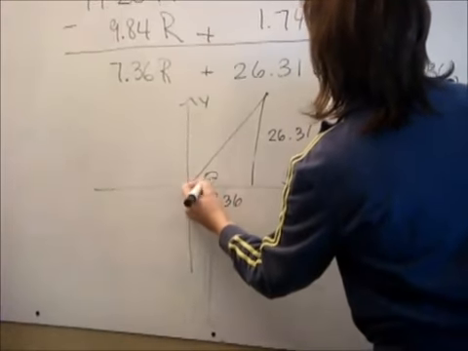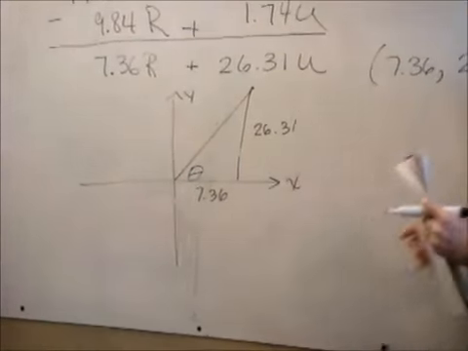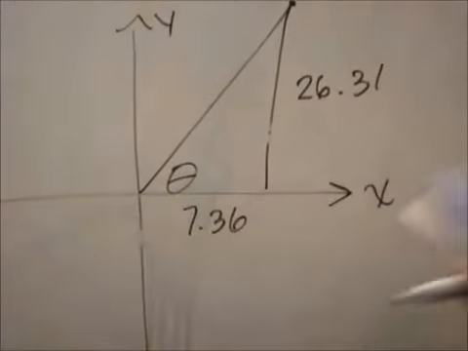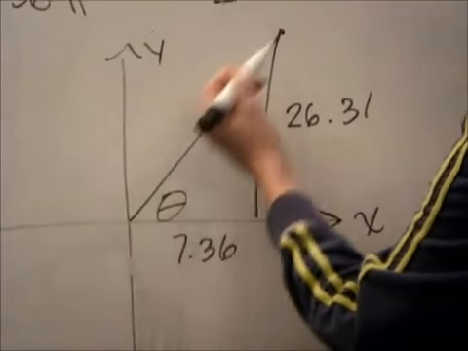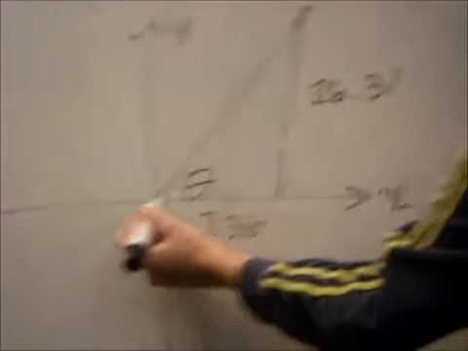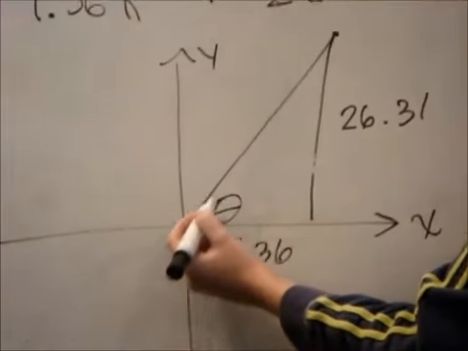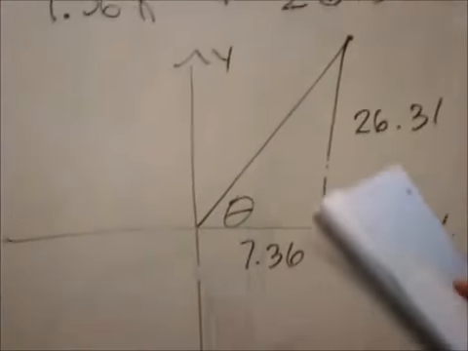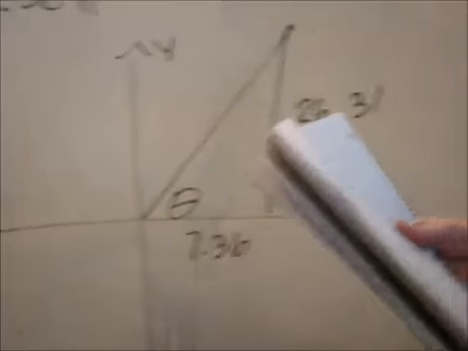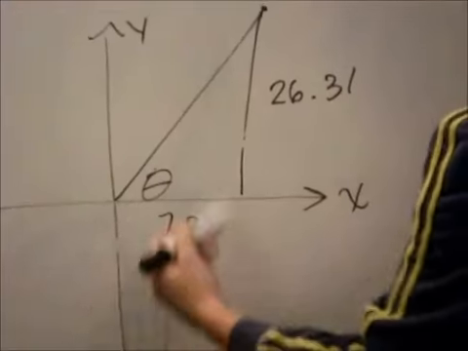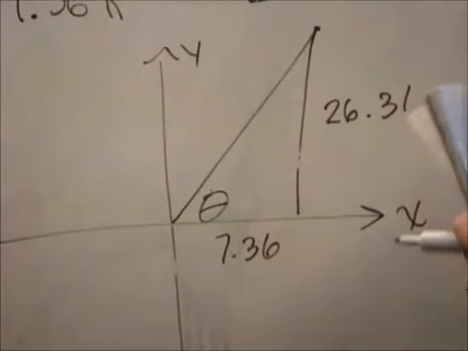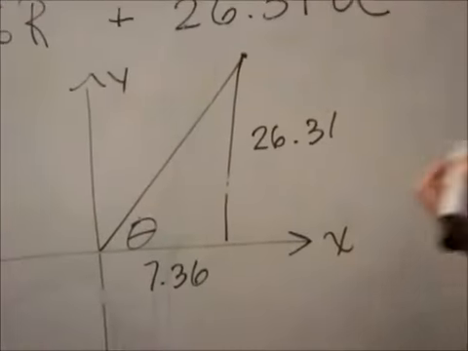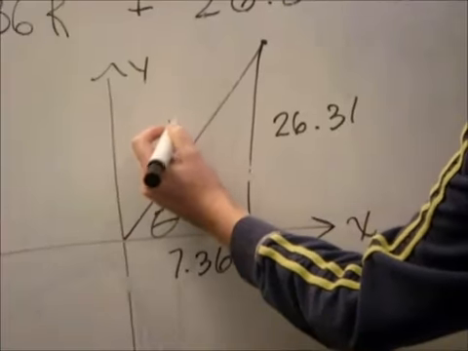Now to put it back into polar form, we need to find theta, and we need to find the hypotenuse, because your polar form is this vector length and the angle. So we have to use the Pythagorean theorem, which is not fun because look how we have decimals. We'll just call this h for hypotenuse.